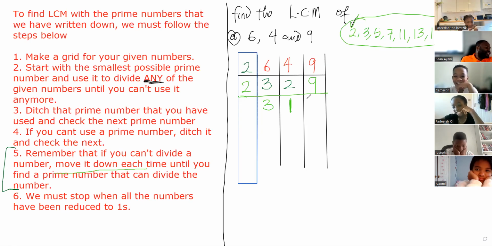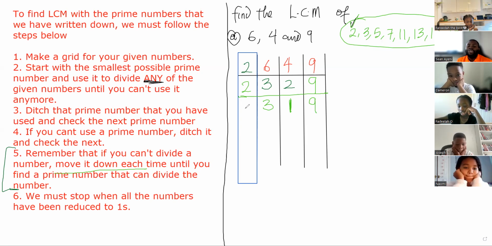We move it to the next level. So we'll put 9 there. Does that make sense? Focus, Michael, because you missed some stuff.